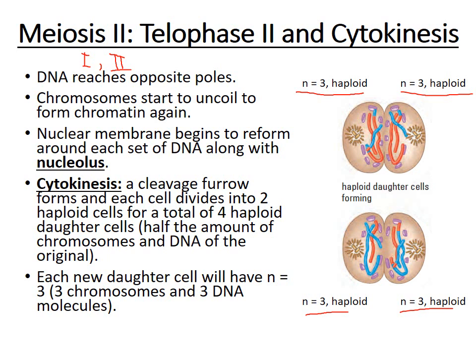So for example, if you had, let's say, 46 chromosomes, there's an interphase that happens to give you 92 chromosomes. And then the 2 divisions happen during meiosis to get you back to 46.